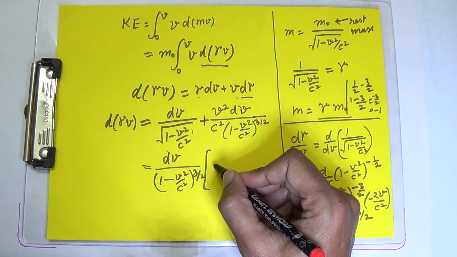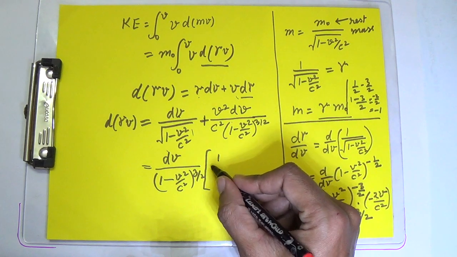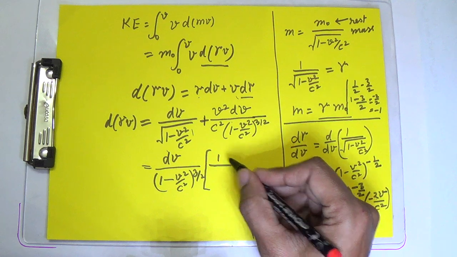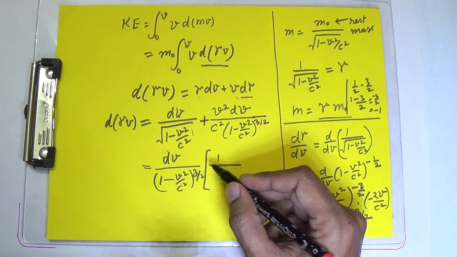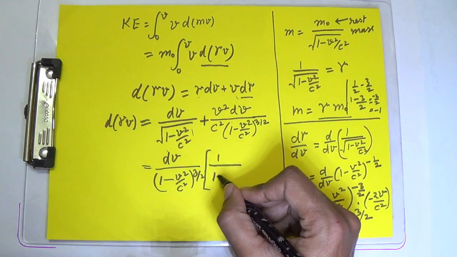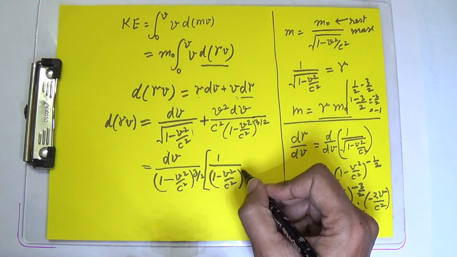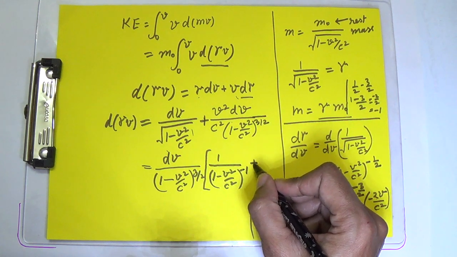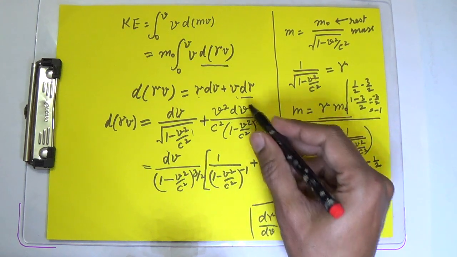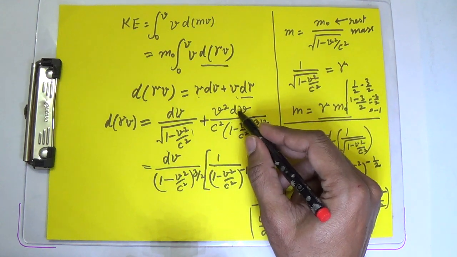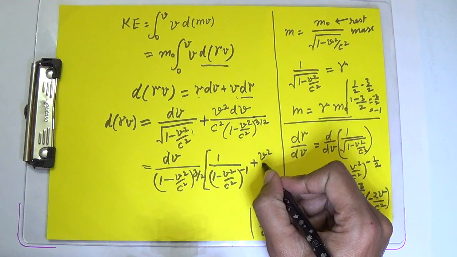That can be written as, so as not to skip this step, I am writing 1 minus v square upon c square, this minus 1, plus this v square upon c square, because I have already taken common dv upon (1 minus v square upon c square) to the power 3 by 2.